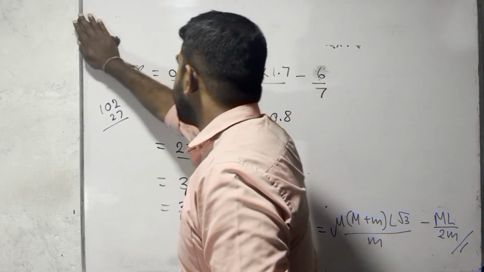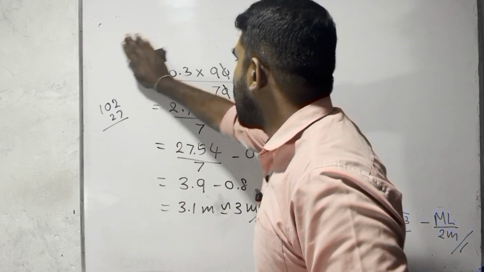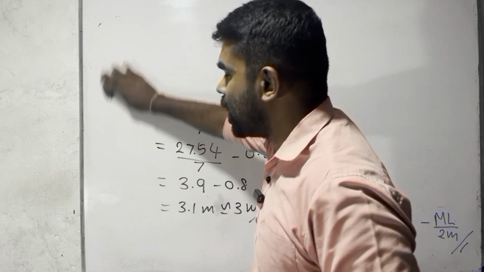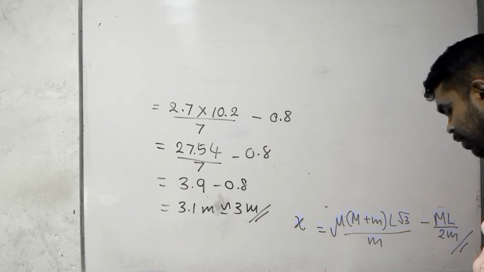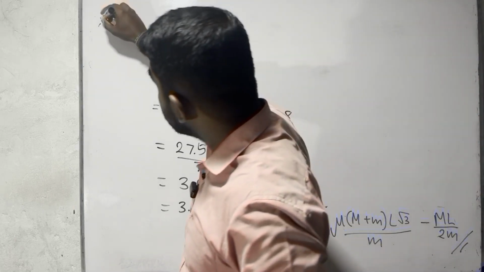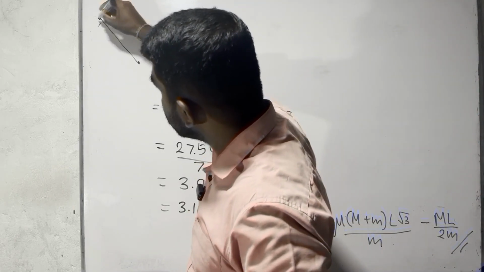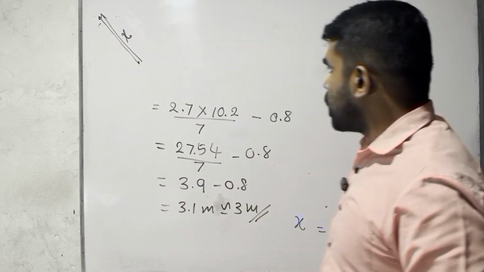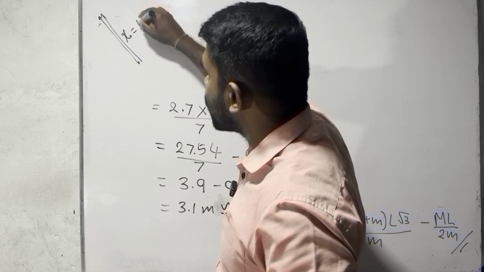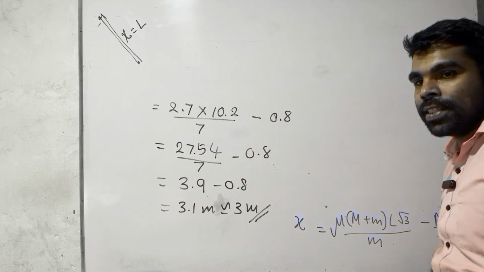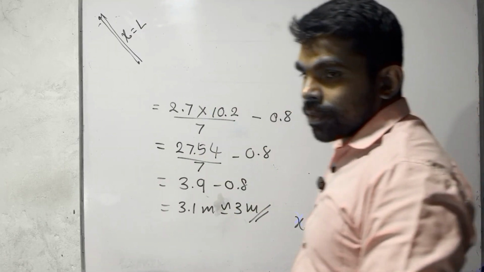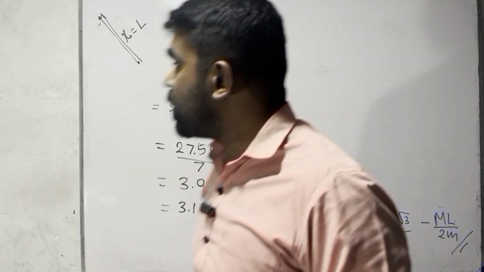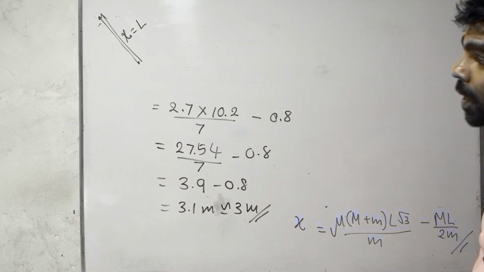Again we have to do the same thing, but now we have to substitute the x value as the length of the ladder. He has to reach from this end to this end. It means the total moving distance is equal to the length of the ladder. The length of the ladder is given as 6 meters.